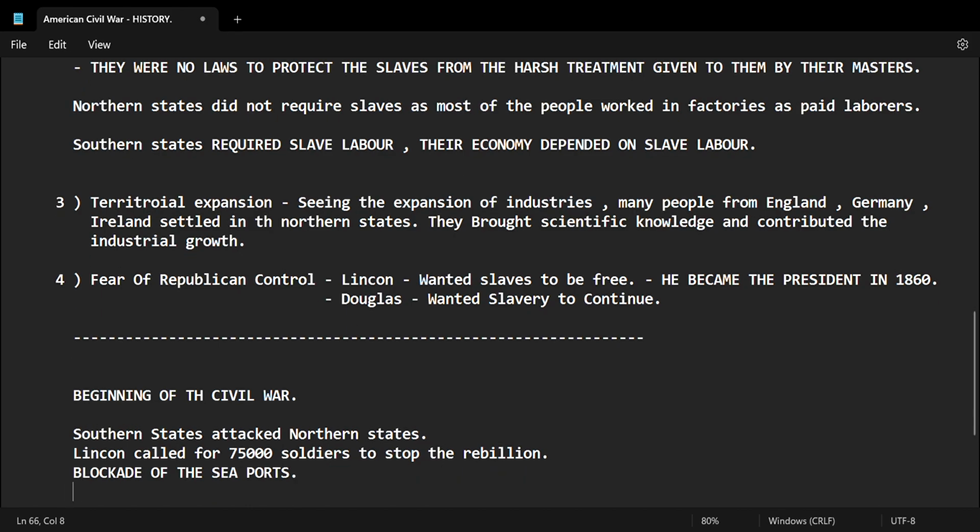If any country came up and gave them some good weapons, then the southern states would have the advantage. That's why he ordered the blockade of the seaports.